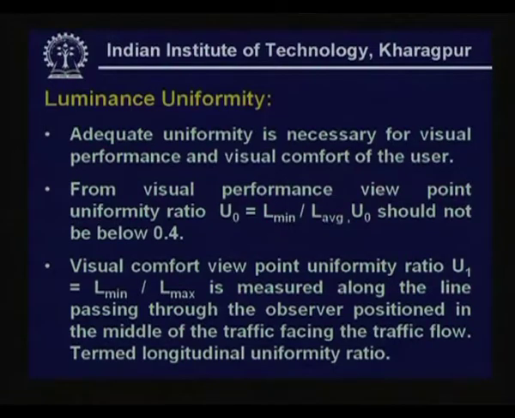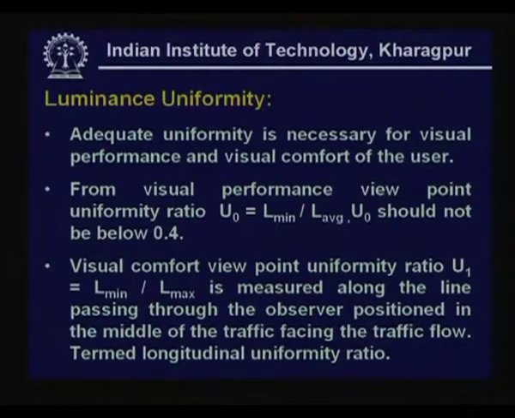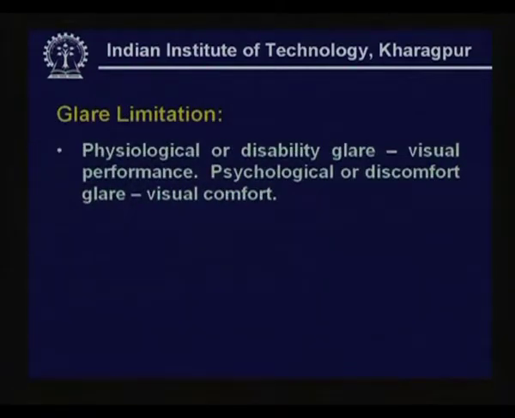So, luminance uniformity is taken care of to have good visual performance and visual comfort, and is specified by two indices, one U sub naught, and another U sub 1, one being specified not to be below 0.4 and the other based on the measurement along a line passing through the observer facing the traffic in the middle of the road, and is termed the longitudinal uniformity ratio.